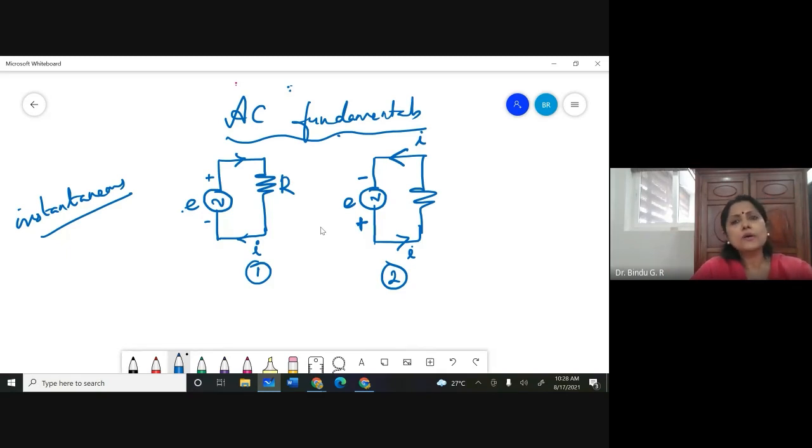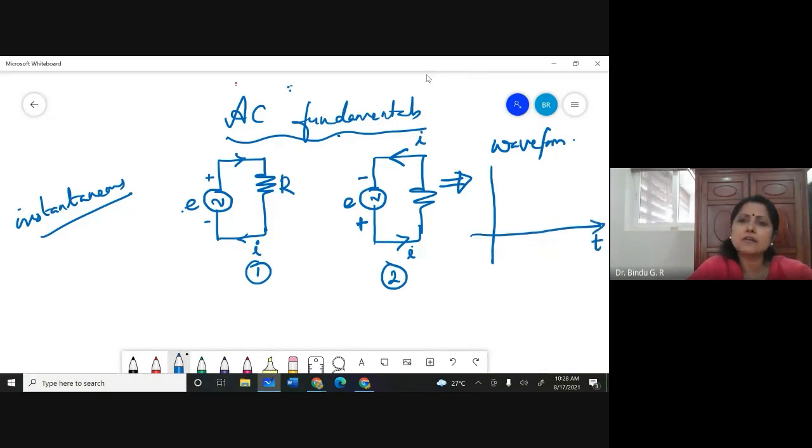Now, how can you represent this? One way of representing this is using a waveform. How do you draw the waveform? I have time t on the x-axis and instantaneous current or instantaneous voltage on the y-axis. So now I am going to draw a simple waveform. This is called a triangular waveform.